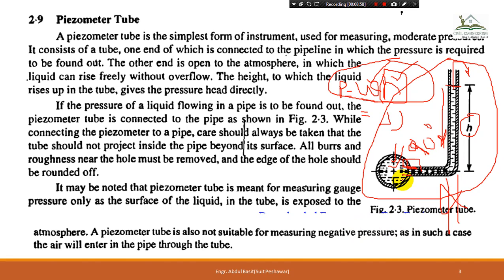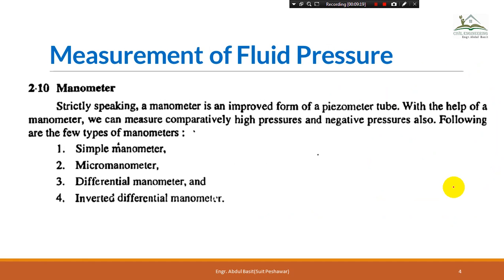Negative pressure actually refers to the vacuum produced over here, and if vacuum is produced, that pressure cannot be determined with a piezometer. So there are two drawbacks: no high pressure and no negative pressure can be determined with the help of a piezometer.